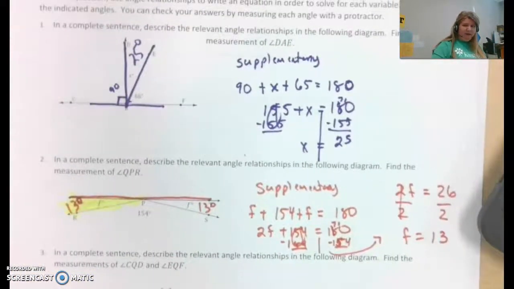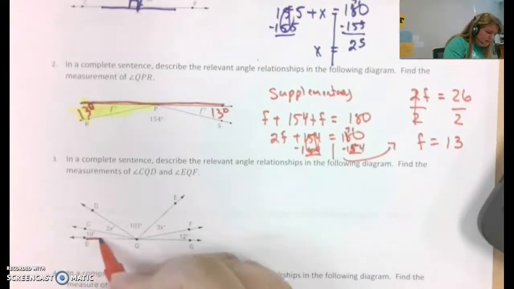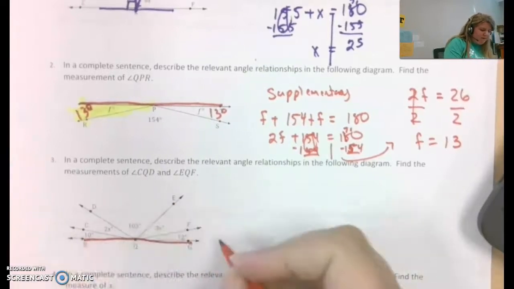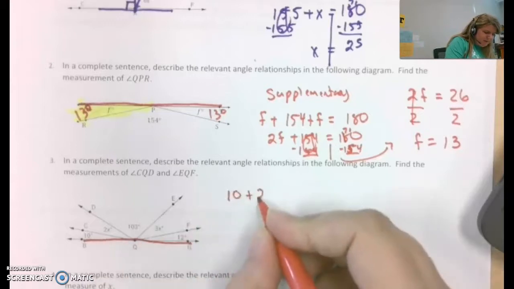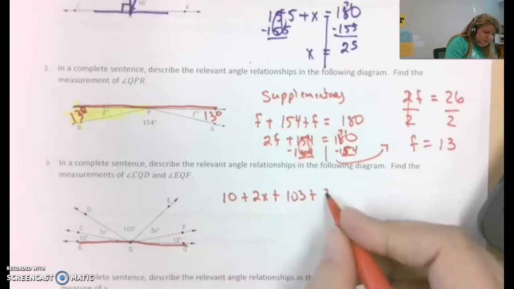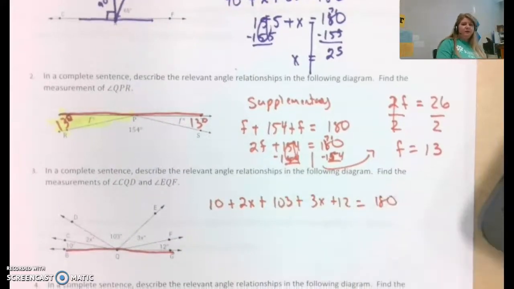Okay, and the next one, it looks like I have supplementary angles again. So these all have a sum of 180. So I'm just going to go around: 10 plus 2x plus 103 plus 3x plus 12 is 180 degrees.